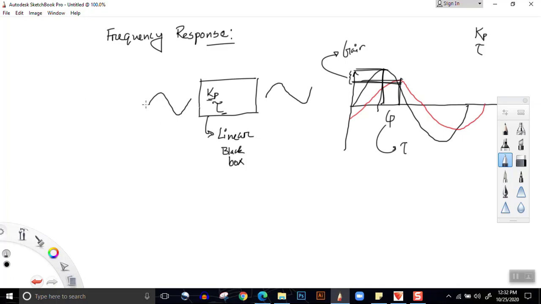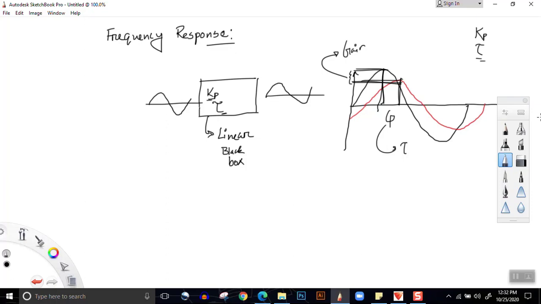If we provide a sinusoid as input, we'll get a sinusoid as output, and the magnitude will be changed and there may or may not be a phase lag. From the change in magnitude and change in phase, we can determine the plant gain and time constant. In this experiment, we'll be looking at that.